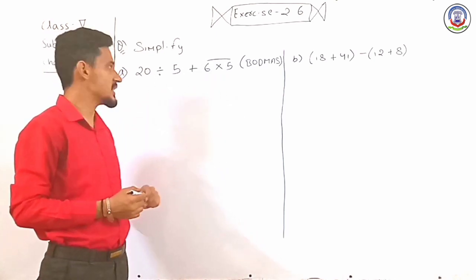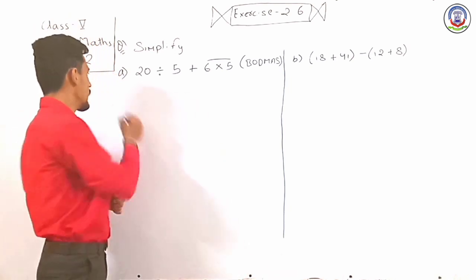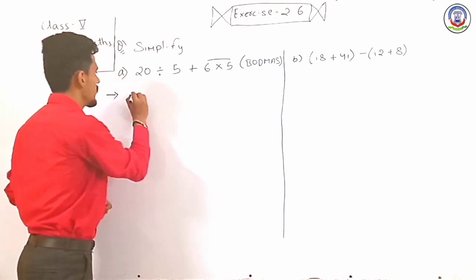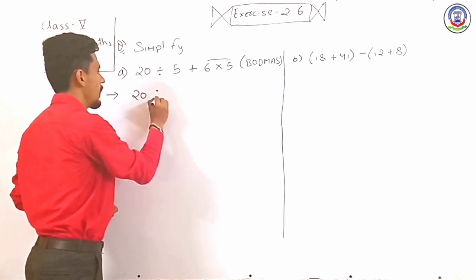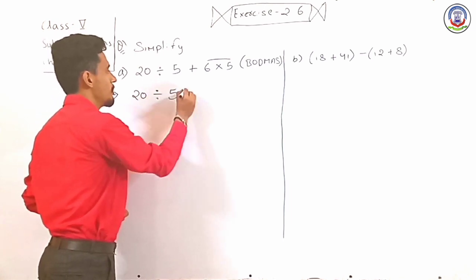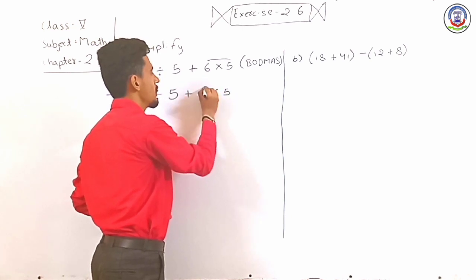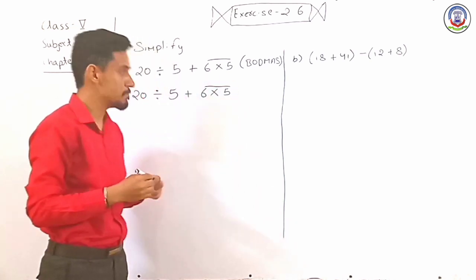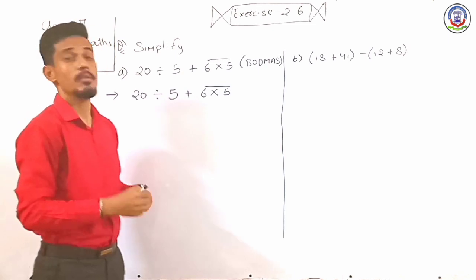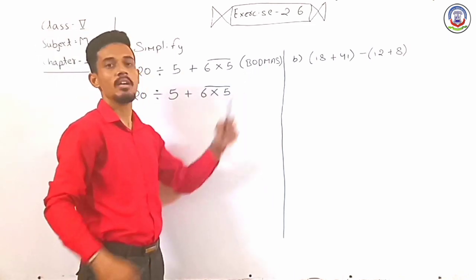So we have 3 signs. First we repeat the question. It is 20 divided by 5 plus 6 multiplied by 5 in a bar bracket. So we have to first solve the bracket.